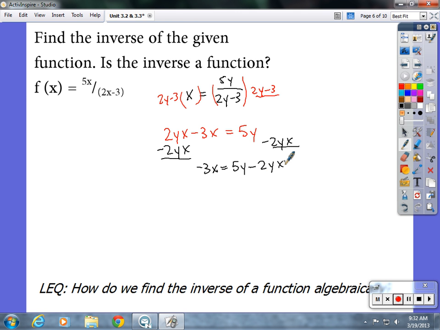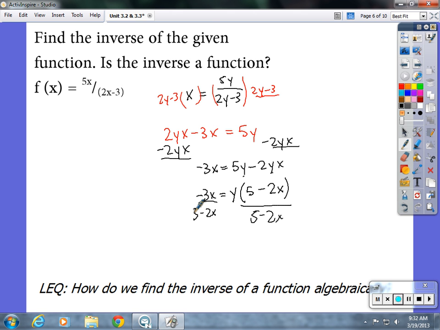Now that I have my y's on the same side, I still have two of them. One here, one here. So because both of these terms have a y in common, that allows me to factor a y out, which leaves me with y times 5 minus 2x equaling negative 3x. Now to get y by itself, I simply divide by this quantity, 5 minus 2x.